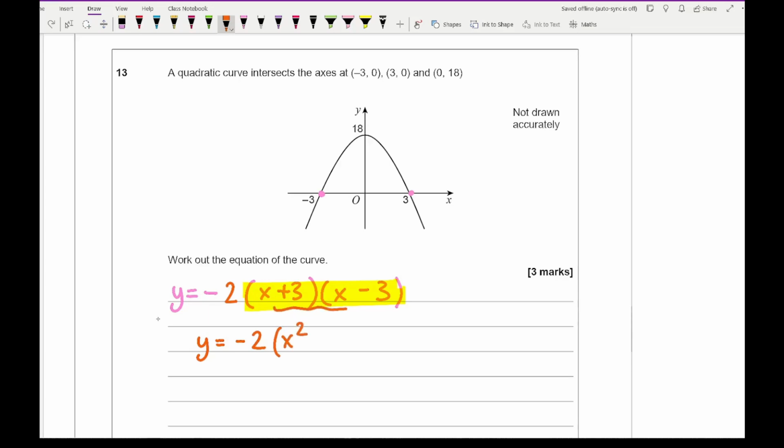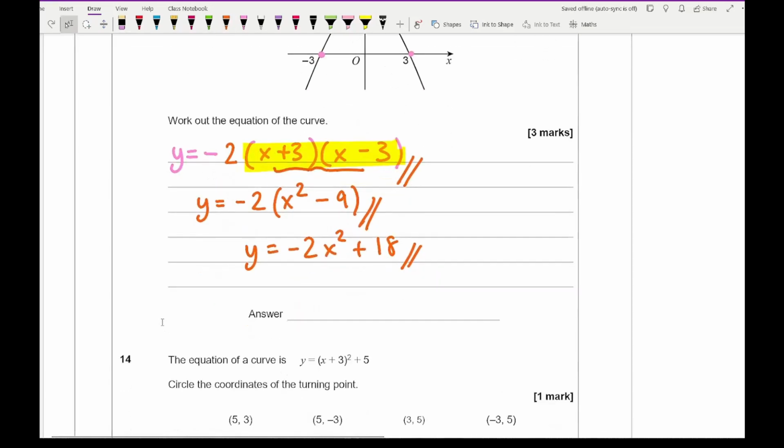We can recognize that this is a difference of 2 squares, so we can either leave it as that, or I can write x squared minus 9, in which I could write my answer as either of those two, which would be fine. You could also expand it out so I can end up with minus 2x squared plus 18, and that would be fine as well. So any of those three would be fine to get 3 marks.